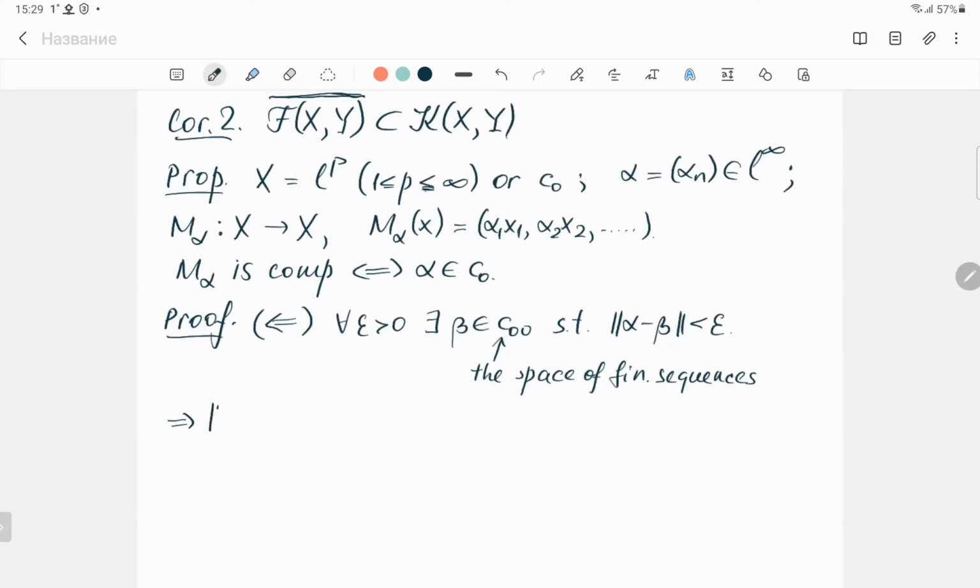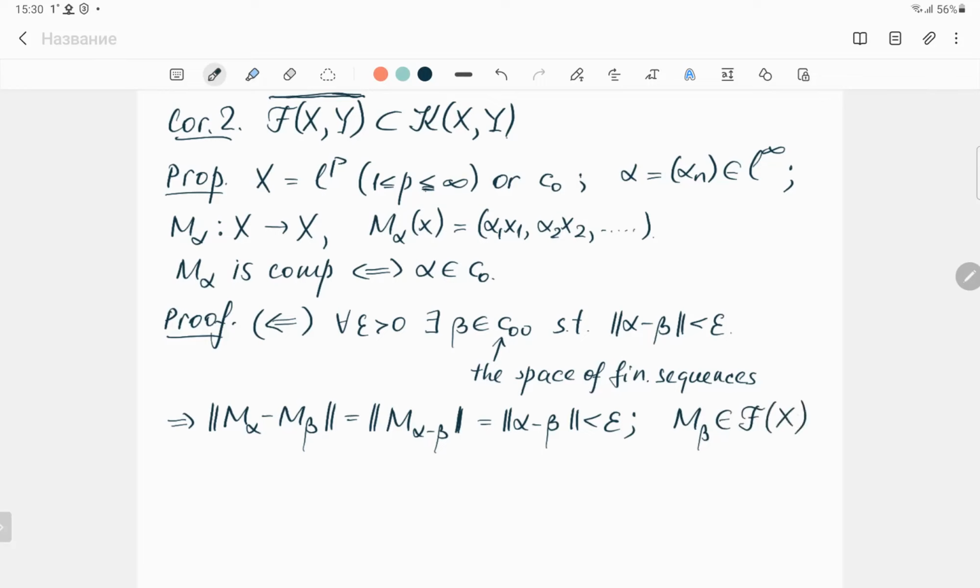If we now look at the distance between the respective diagonal operators, M alpha and M beta, first of all, this is nothing but the diagonal operator corresponding to alpha minus beta. And we know that the norm of this operator is just the supremum norm of alpha minus beta. And this is less than epsilon. On the other hand, M beta is a finite rank operator. And now corollary 2 implies that M alpha is compact.